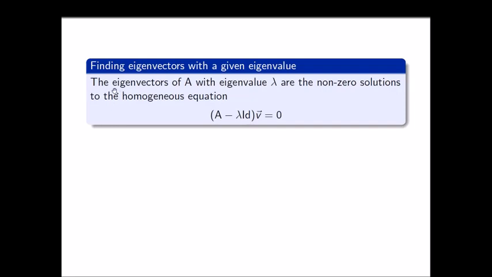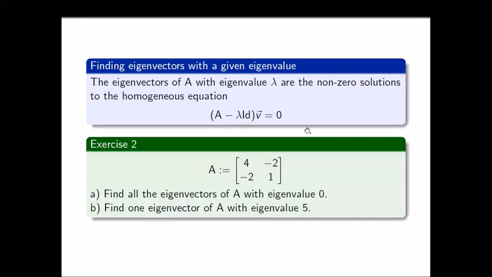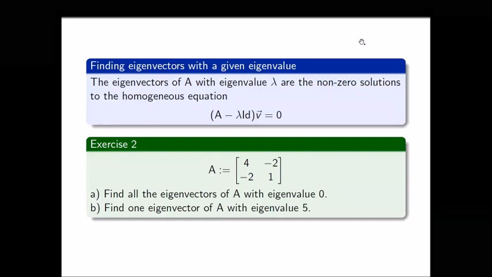So the problem of finding eigenvectors of a matrix given one of its eigenvalues boils down to finding non-zero solutions to this homogeneous equation. Let's look at an exercise for the sake of clarity. We're given a 2 by 2 matrix with entries 4, minus 2, minus 2, 1. First, we want to find all the eigenvectors of A with eigenvalue 0, and then we want to find one eigenvector of A with eigenvalue 5.